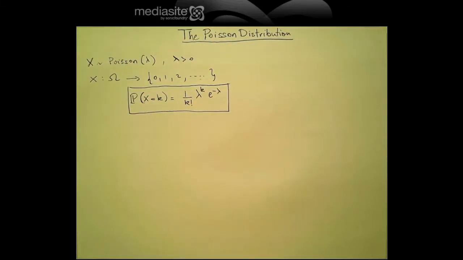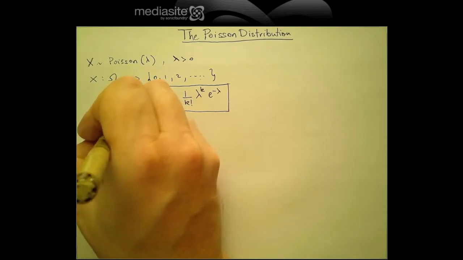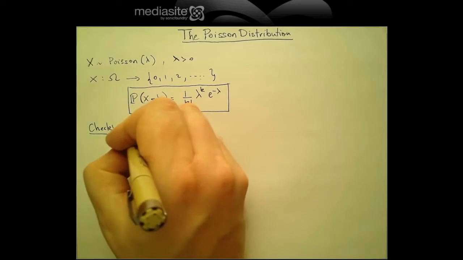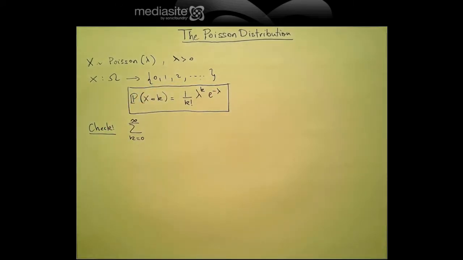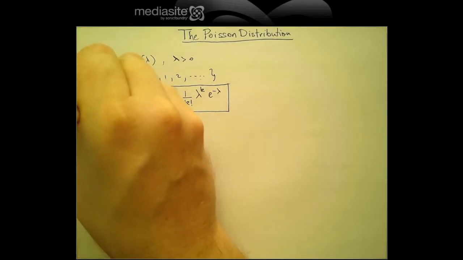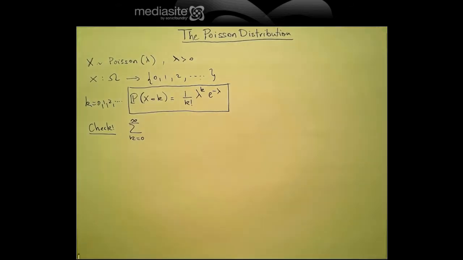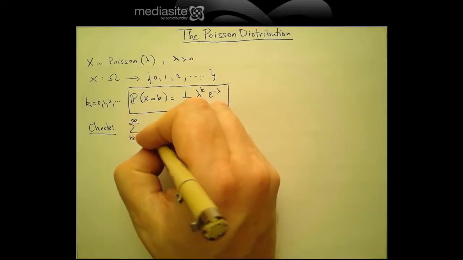Okay, so let's check that this is an actual probability. We need to take the sum, k goes from 0 to infinity, for any value of k, 0, 1, 2, 3, etc. We need to check that the sum is equal to 1.